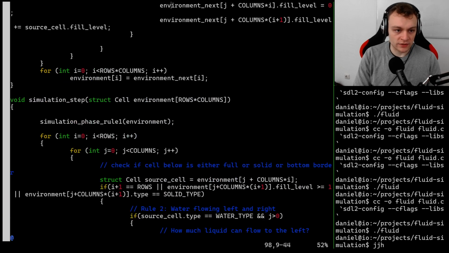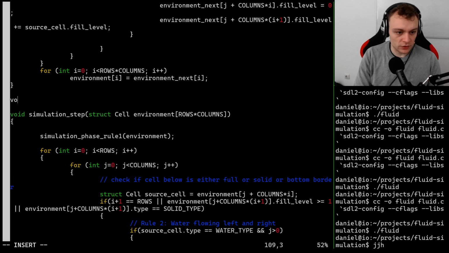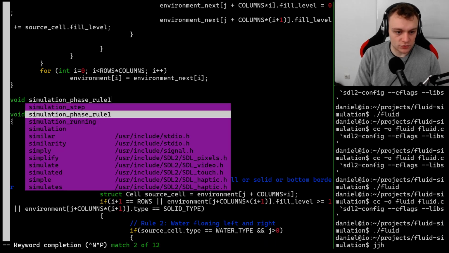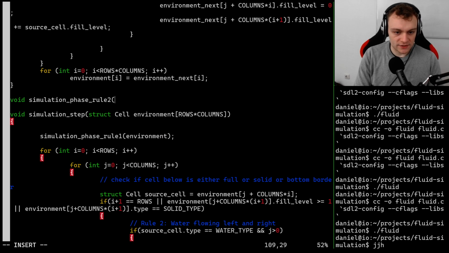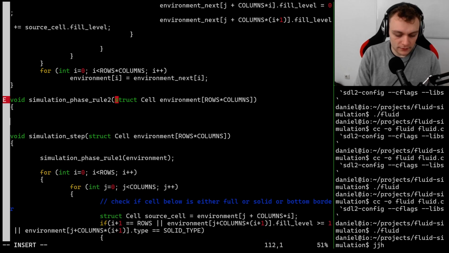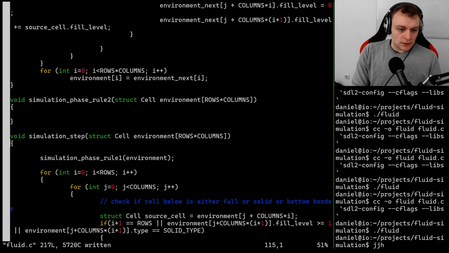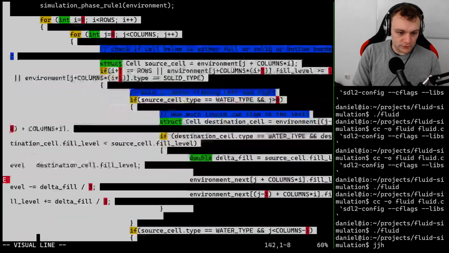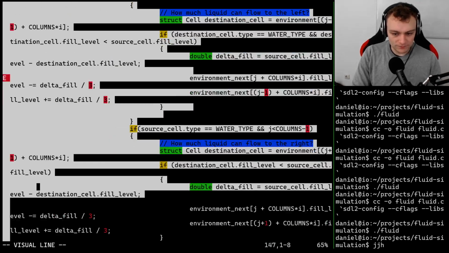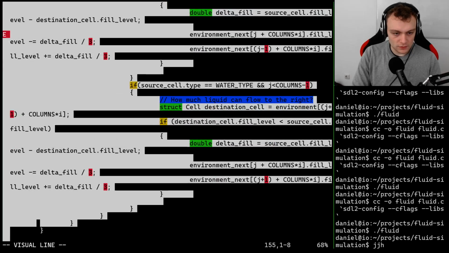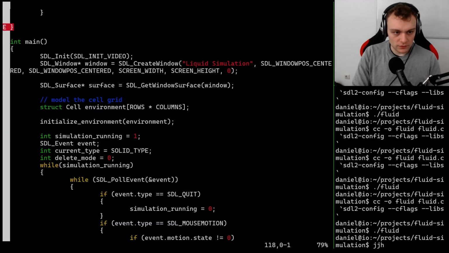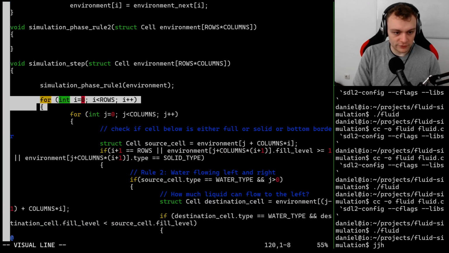And now let's create another method that is rule number 2, void simulation phase rule 2, and it takes as input... Can I just copy this right here, and then delete that and paste. Yes. And here we copy that entire block of logic. Oh, I forgot a brace.